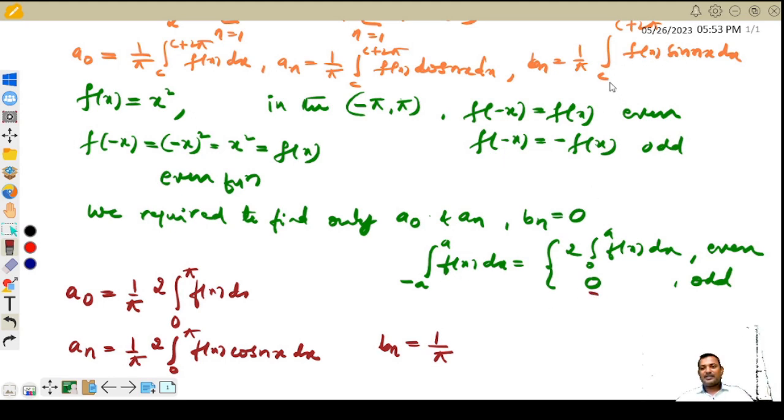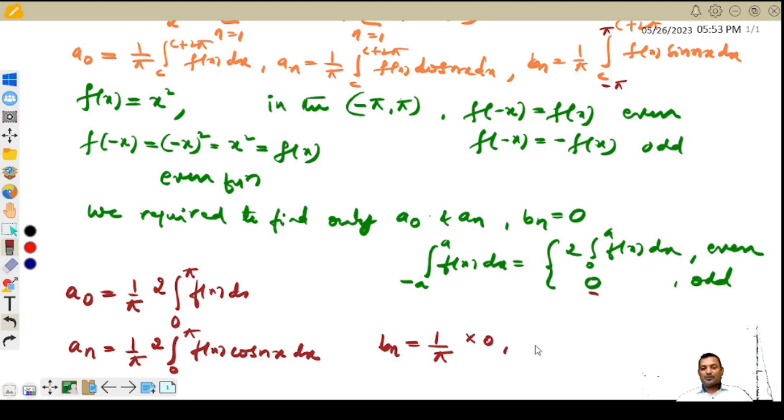That is, in general, the integral from minus pi to pi of f of x dx has value 0 when the function is odd. So f of x is even, sin nx is odd, the product of even and odd is odd, therefore bn value is 0.